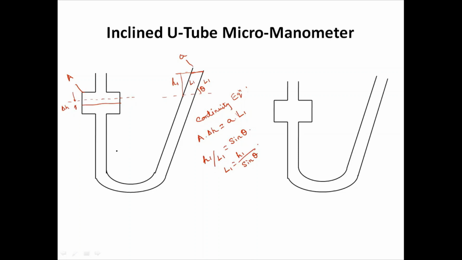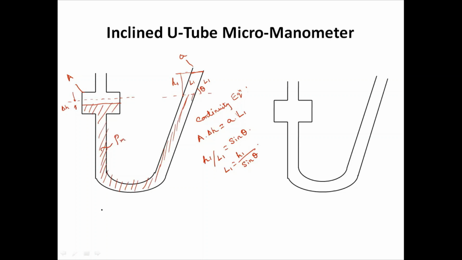After that, you just write down the manometric equation. The manometric fluid has density rho m.